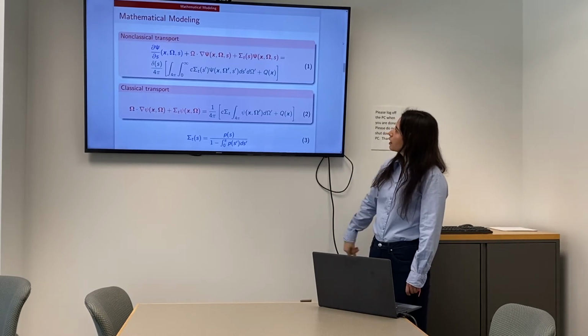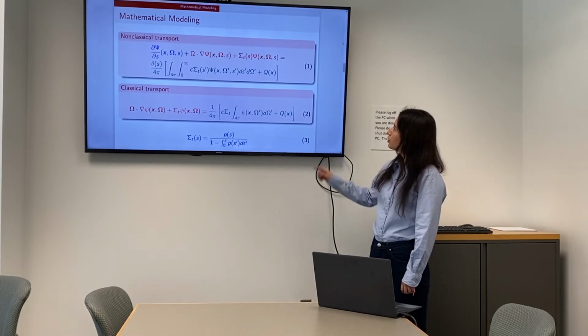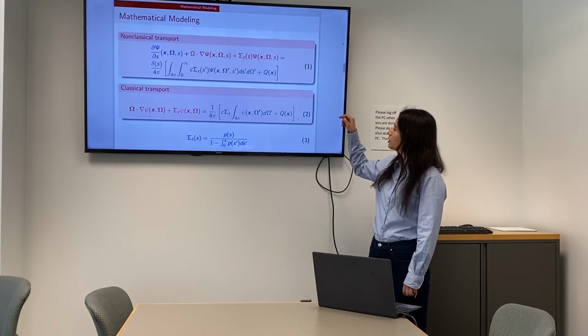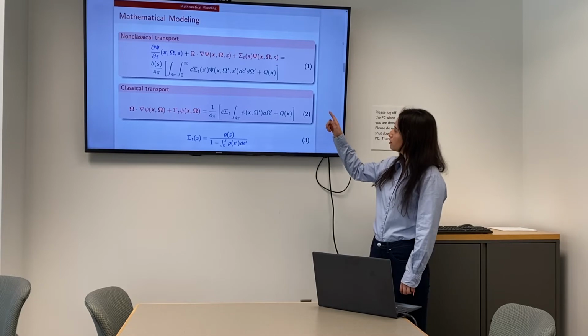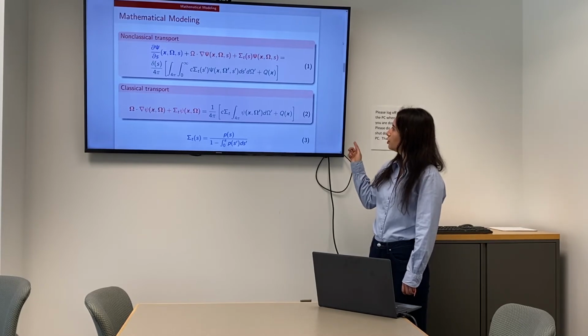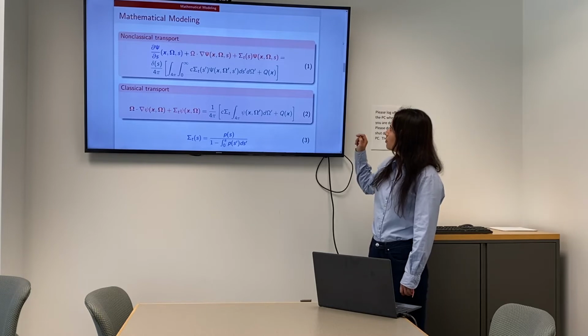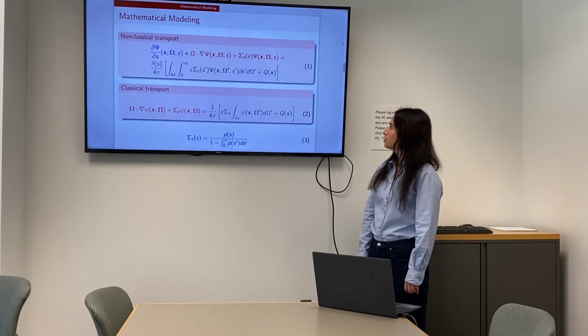Psi is the angular flux, sigma t is the macroscopic cross-section, delta is a delta function, c is a scattering ratio, and q is an internal source.